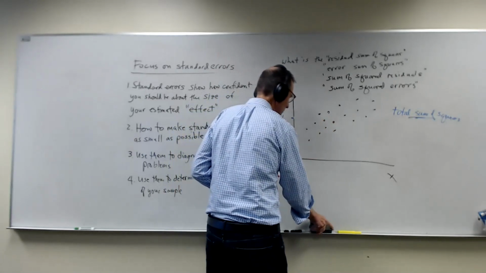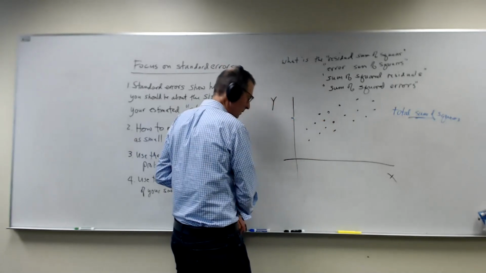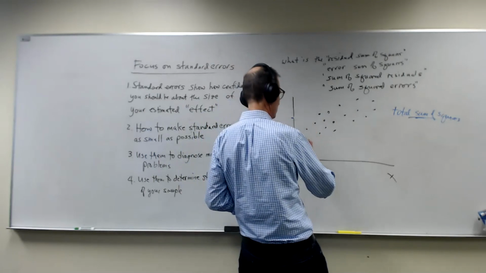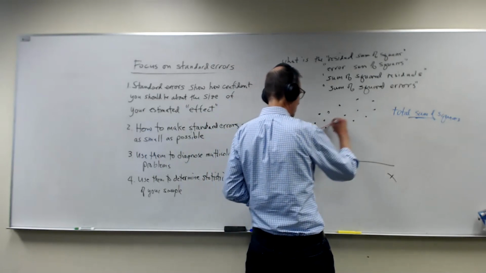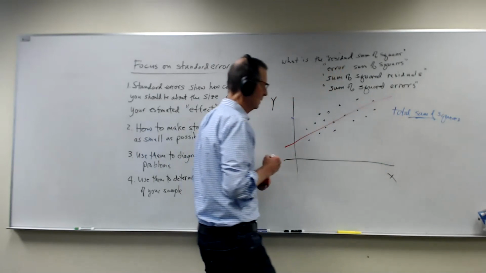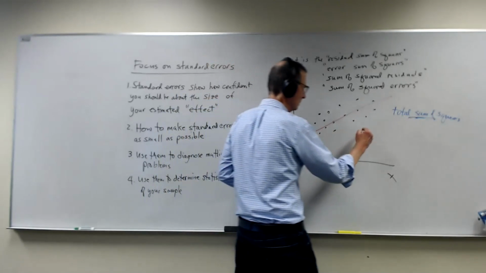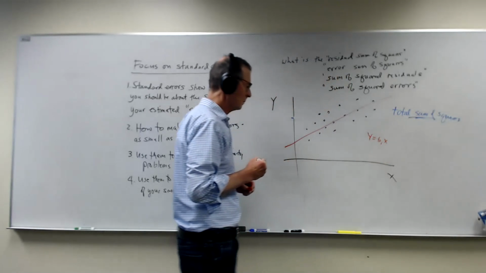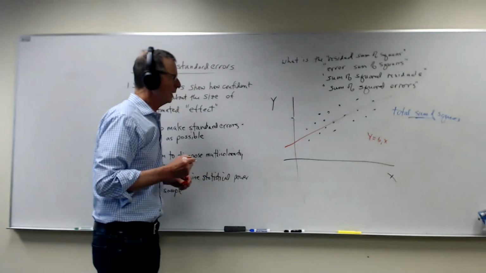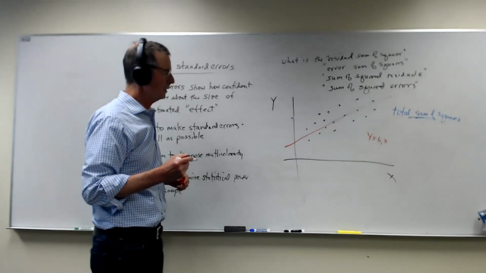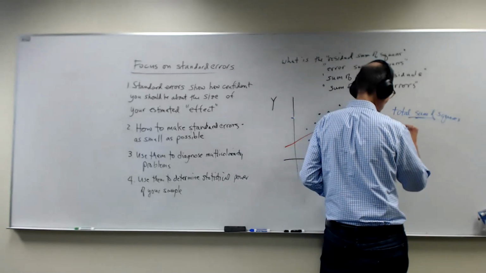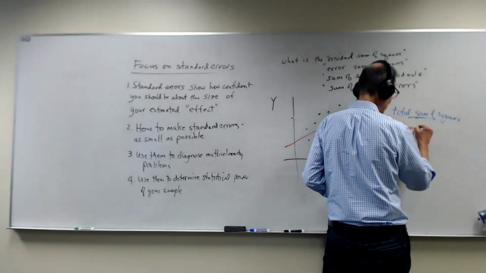So let's apply our formula for beta that we talked about in the first day, and get a best fitting line, y equals b1x. So now let's go through and repeat the exercise to get the explained sum of squares.